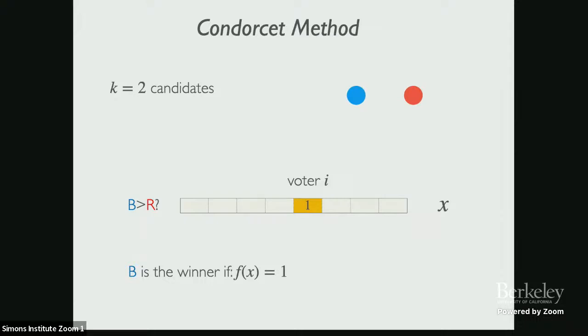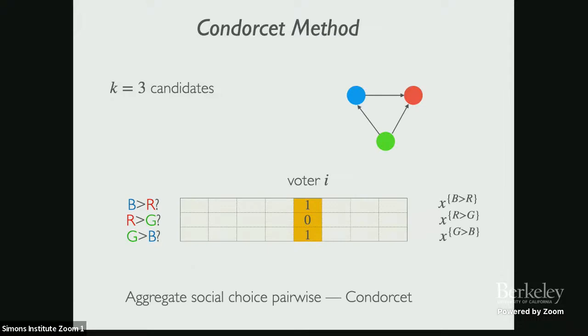Okay, so this is the case when we have only 2 candidates and there's not much to say. But it becomes more complicated when we have more than 2 candidates. When we have 3 candidates, the question is how we aggregate our opinion. The story is that Condorcet and his friends were trying to come up with a voting scheme to elect members for the French Academy of Science. A quite serious situation.